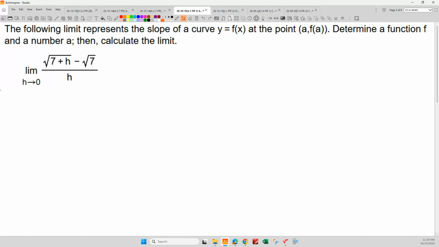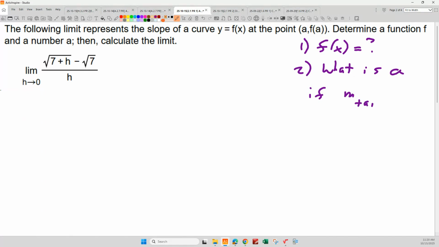Part one is the function, and question two is, what's the point of tangency? In fact, let's find the whole point of tangency.